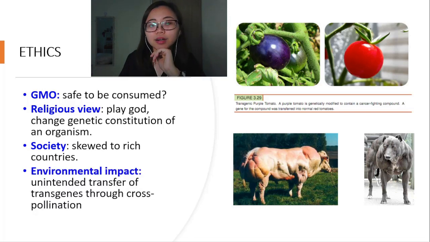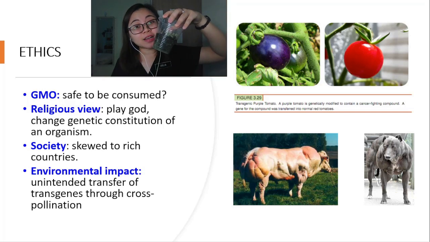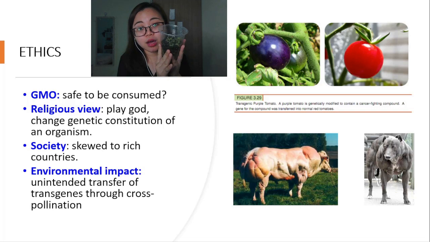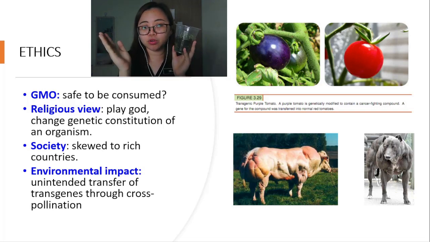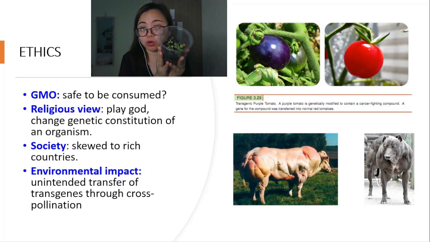And another ethical issue is the environmental impact. So, kalau kita ternak tumbuhan-tumbuhan transgenik itu di kebun sendiri tidak apa, tapi kadang-kadang benih dia boleh terpesong kepada kebun orang lain, termasuk hutan. So, we think about the unintended transfer of transgenes through cross-pollination.